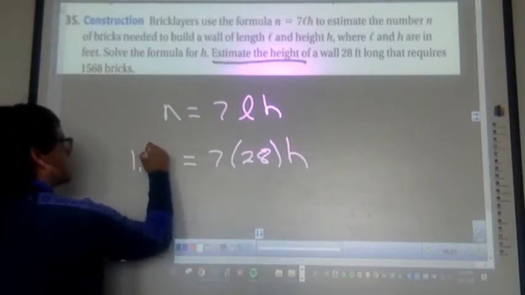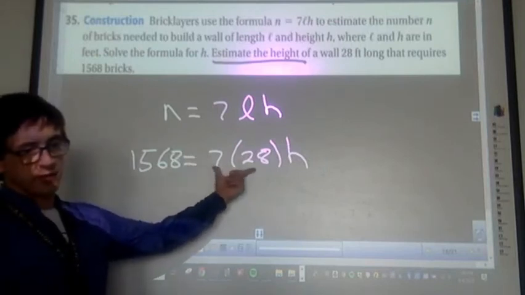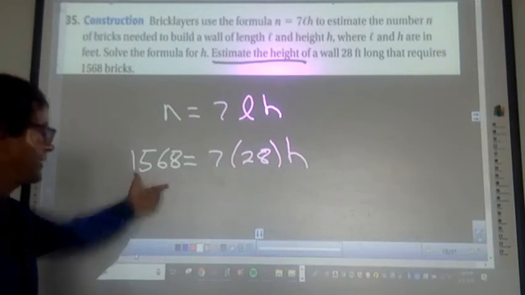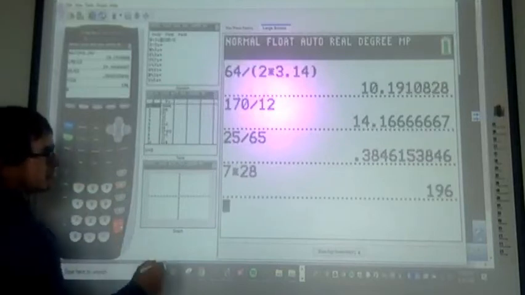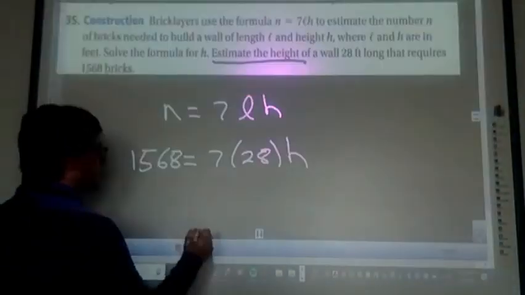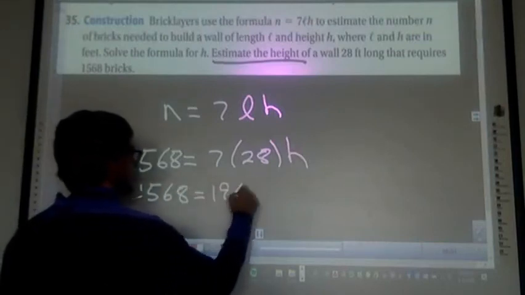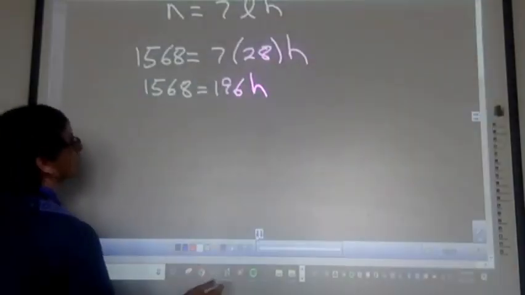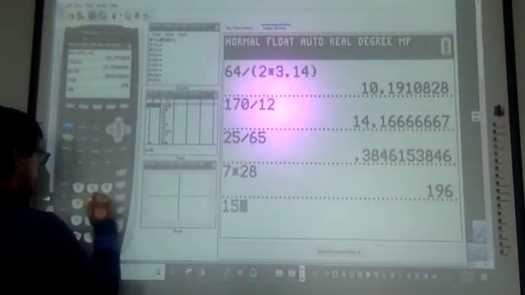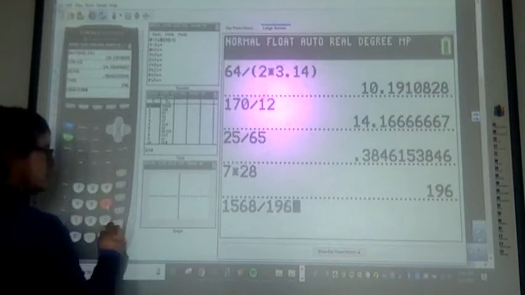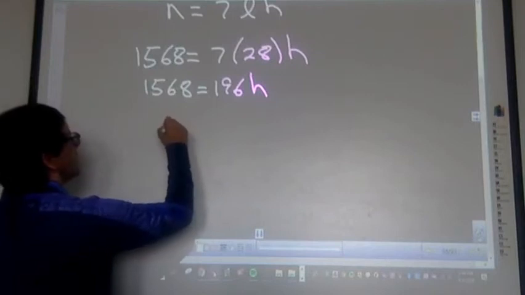So bricks is 1568. So just multiply 7 times 28 and you're good, which I'll show you here in a sec. So you get 196. So 1568 equals 196 H. And then we're going to do 1568 divided by 196. Which is 8. So the wall will be 8 feet tall.